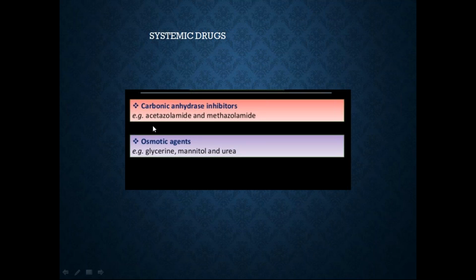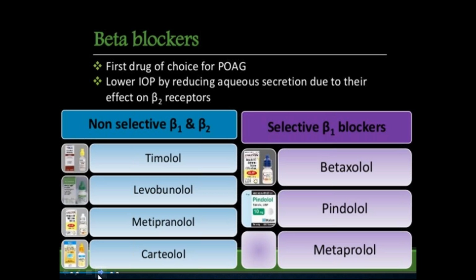Next, osmotic agents are given through the systemic route: glycerin, mannitol, and urea. Glycerin is a thick gel present in a bottle, given in the form of a syrup, thick like your sanitizer. Mannitol is usually given as an IV drip. So these are the osmotic agents we use.